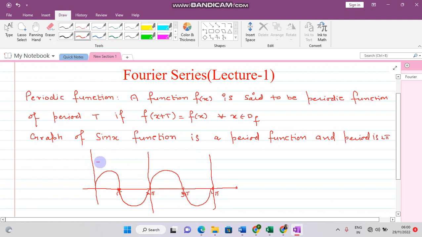So the period here is 2 pi. Here again the period is 2 pi. So in each 2 pi interval, this sin x function takes its values again and again. It starts repeating its values. So this is called a periodic function.